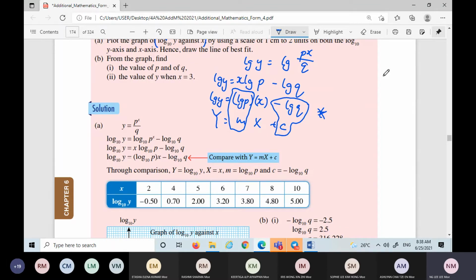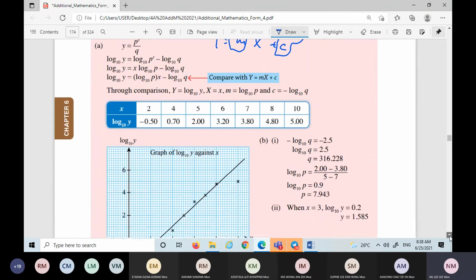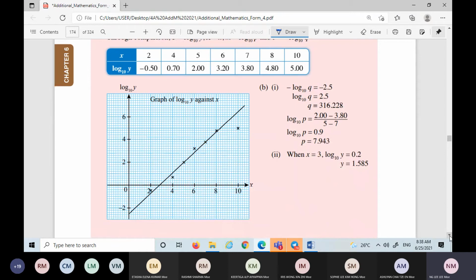Okay, so use the correct scale and then plot the points and then draw the line. Make sure your line, this one you got to be careful. Here negative 0.5, you don't draw until, maybe you draw until negative 1 only.